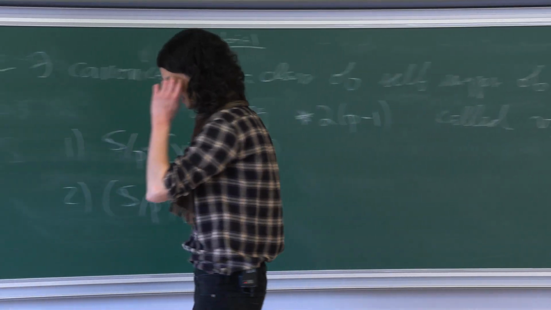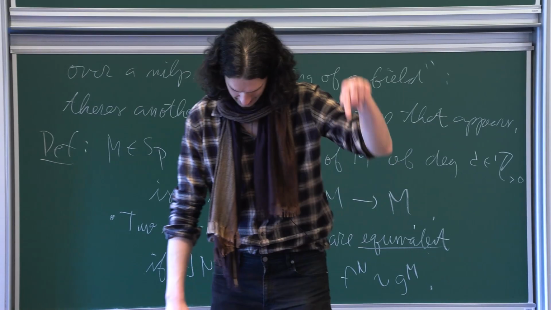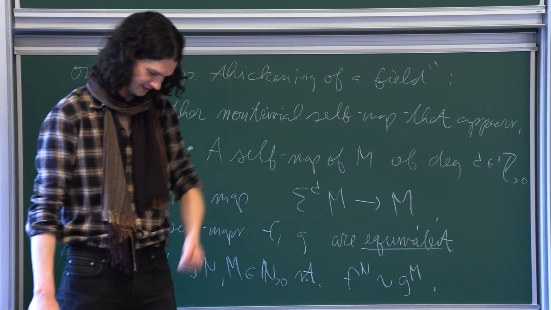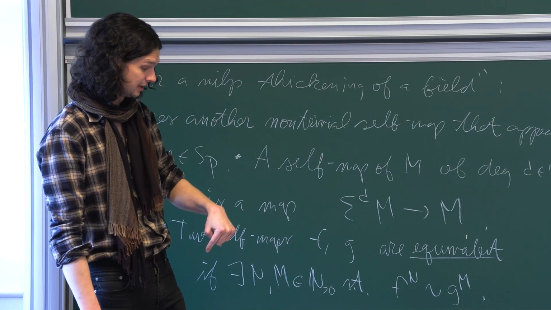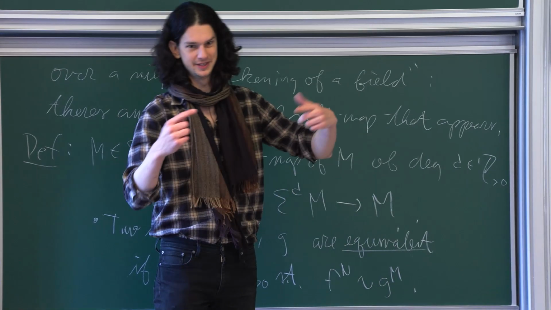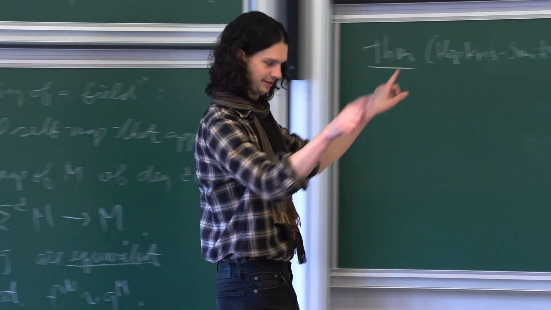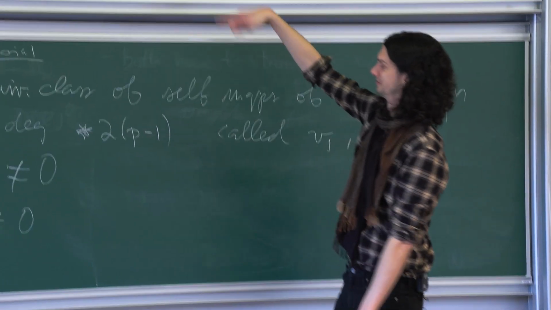Given two equivalence classes of self-maps on m and n and a map between m and n, you could say that it commutes with the self-maps if, again, after raising to some powers, they have the same degree and the diagram you write down commutes. And this is enough to get maps between these constructions.